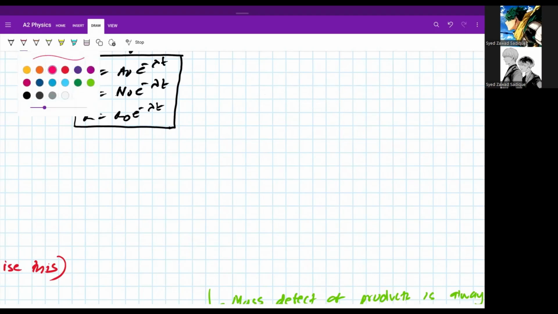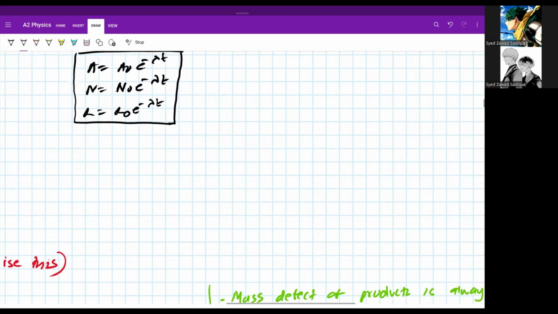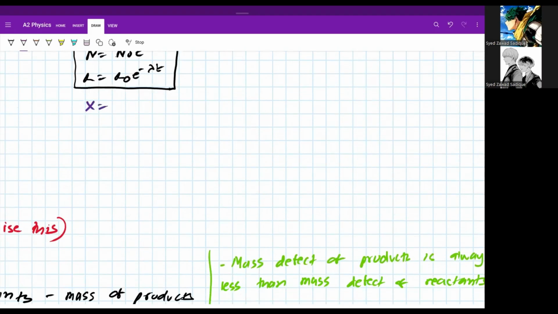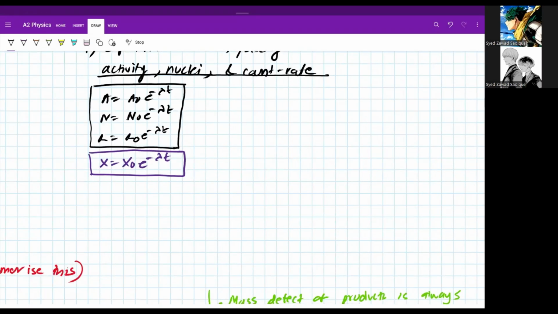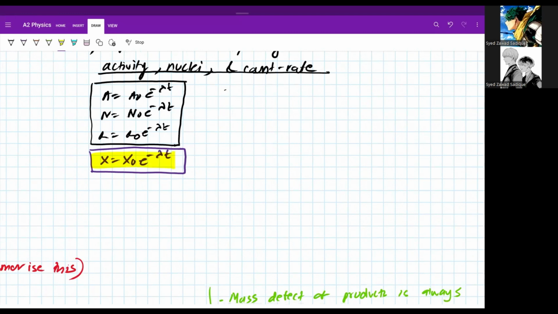So we can say that the general equation is x is equals to x naught e to the power minus lambda t. This is just like the discharging of a capacitor formula.